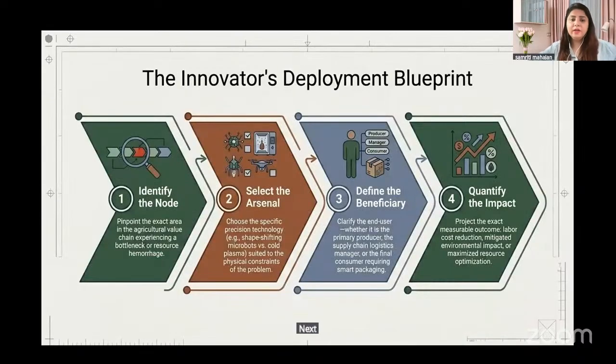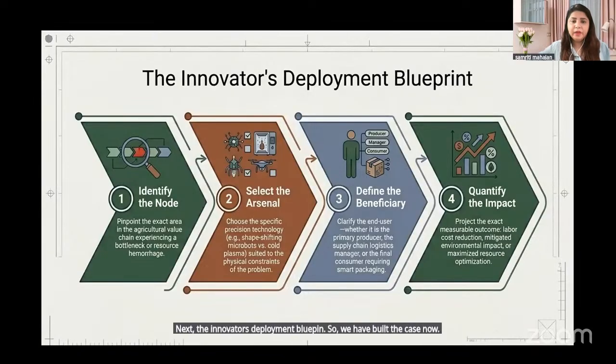Next, the innovators deployment blueprint. So we have built the case now. Now let's build the plan. The innovators deployment blueprint is a 4-step decision framework for translating today's insight into tomorrow's implementation. So the first step would be to identify the node.